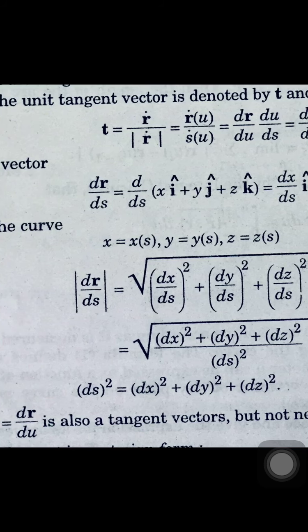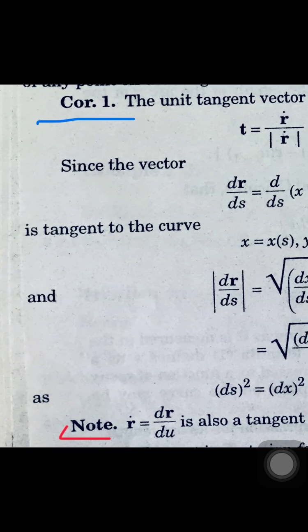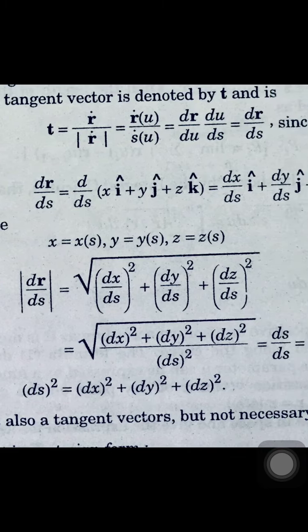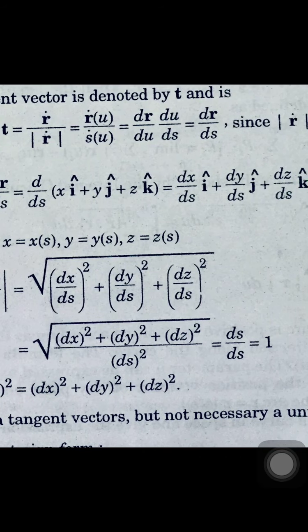Okay, so what we are seeing here is the tangent to the curve, which curve? x equals x(s), y equals y(s), z equals z(s). So mod of dr by ds becomes the magnitude of the coefficients of these quantities. So it becomes (dx by ds) whole square plus (dy by ds) whole square plus (dz by ds) whole square.